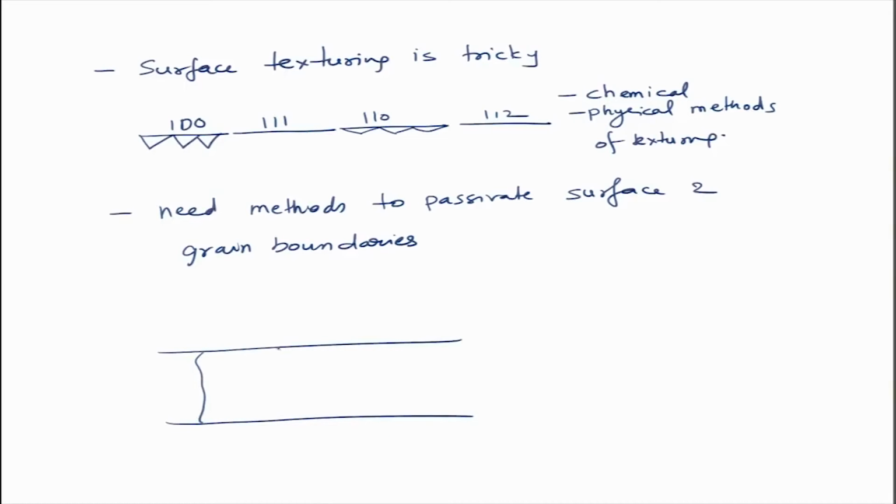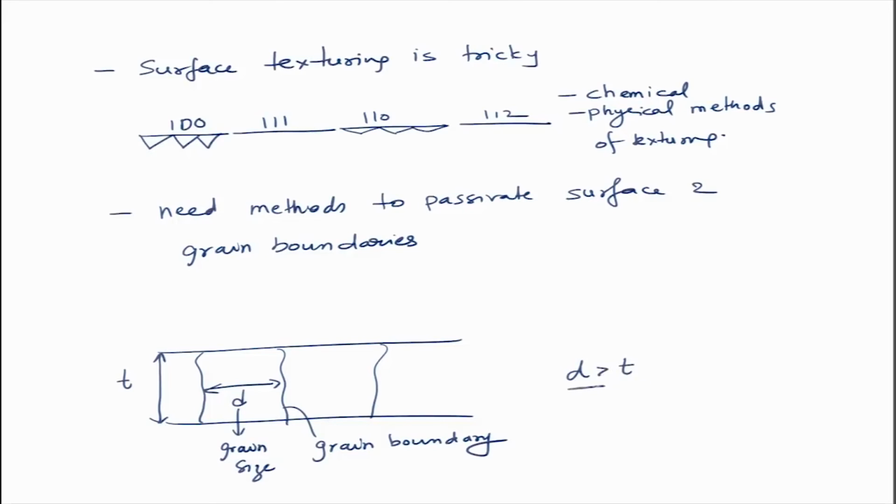If this is the grain boundary, the device thickness is T and this is D, the grain size. D is generally larger than T, so that you do not have horizontal grain boundaries, you only have vertical grain boundaries. That is generally the consideration in these devices.